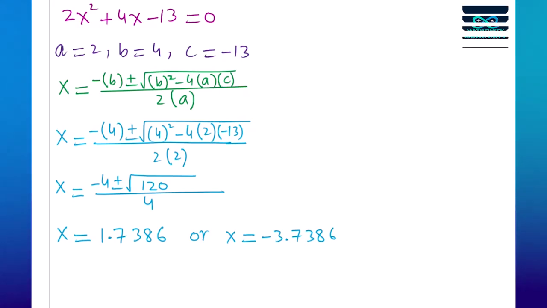But according to the given condition, we have to give the answer to 2 dp, only 2 dp. So the second digit is this one, and the digit after it is 8, so we will add one to this digit.